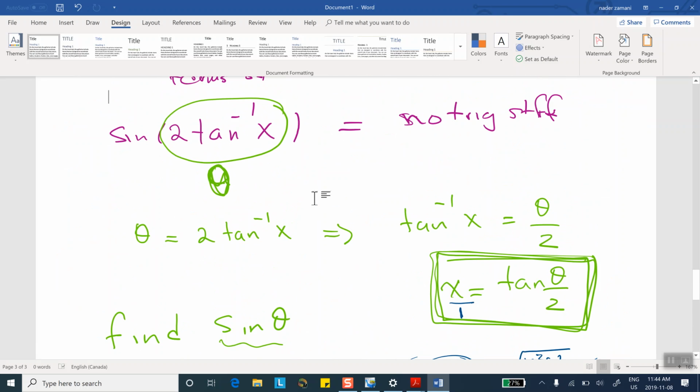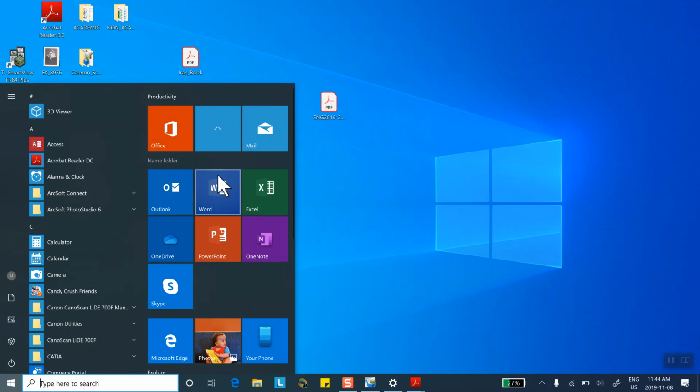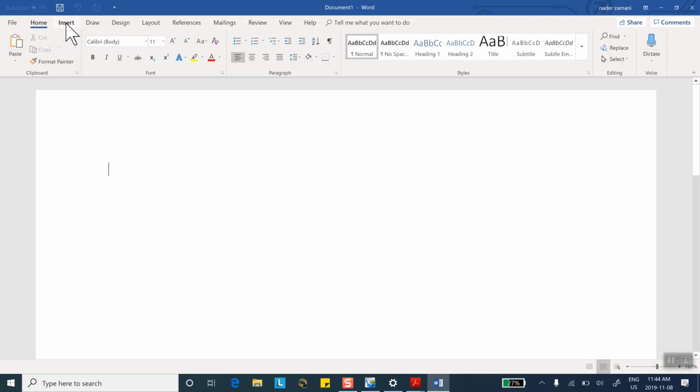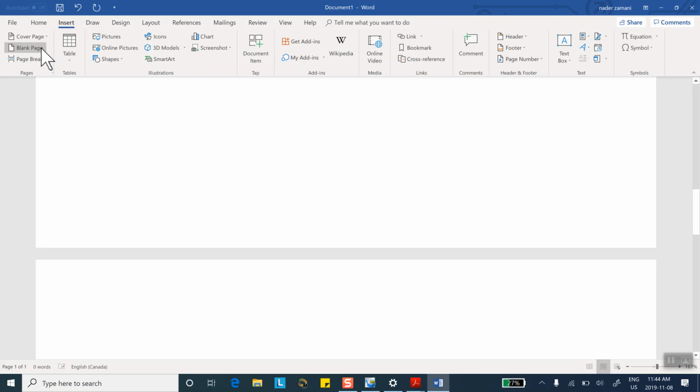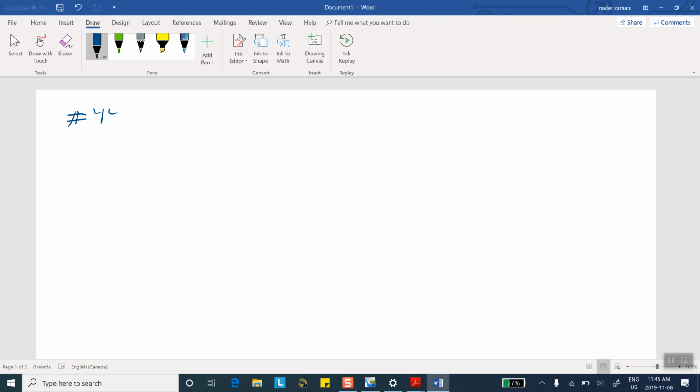Okay, so let me do the next one. The next one is 44: tangent of 2 cosine inverse of x.